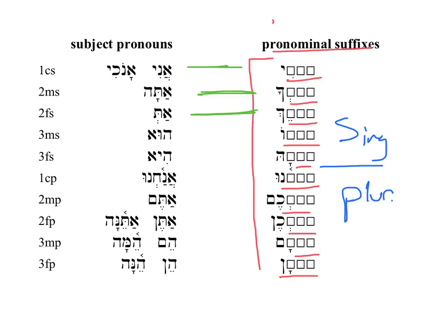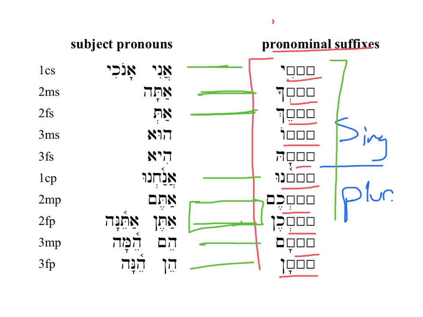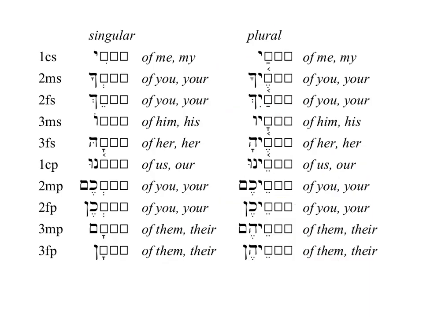Not quite as much similarity with the third person singular, but some, but you can see nachnu and nu, and then you have the mem and noon ending similarities for the second person plural and the third person plural, also some similarities as well. So in other words, become familiar as soon as you can with these pronominal suffixes, and that will complement what you already know from the subject pronouns.